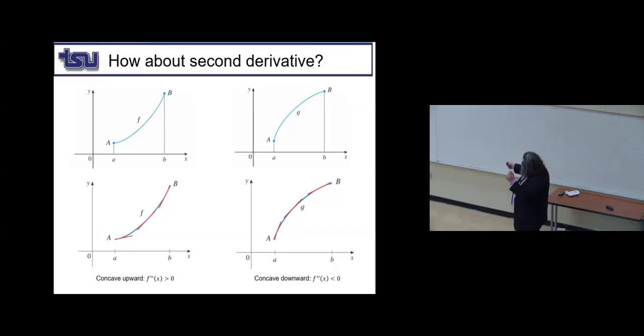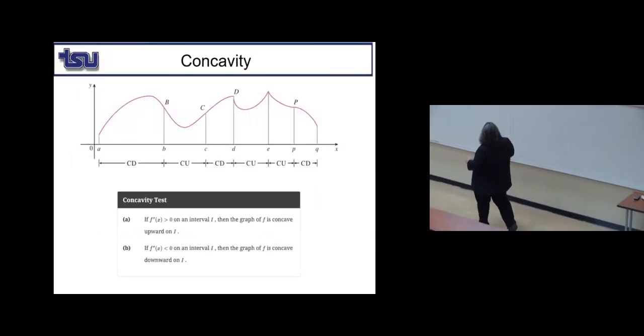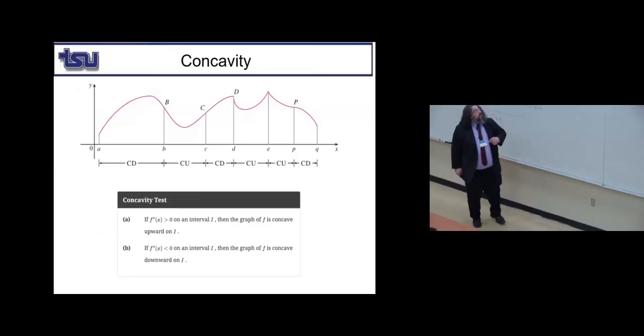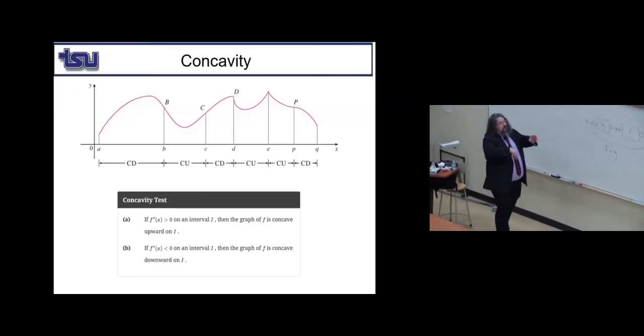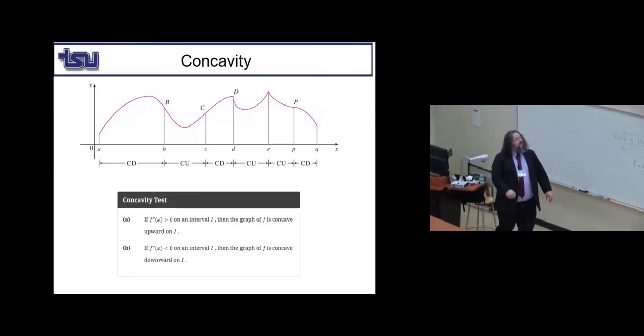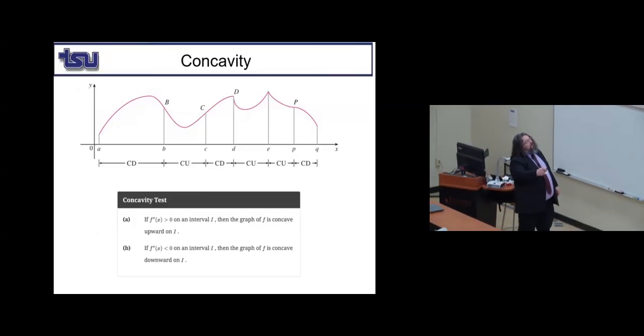So the sign of the second derivative, whether it's positive or negative, tells you whether you have a concave upward function or a concave downward function. And this can also be used to check and see whether you have a maximum or a minimum at a particular point. So here's an example of a more complicated function where we can see that we have a concave downward piece and then a concave upward piece, concave down, concave up, and so forth and so on.